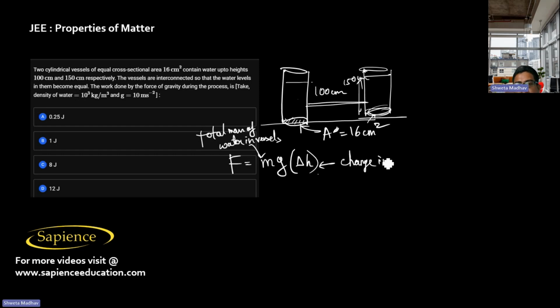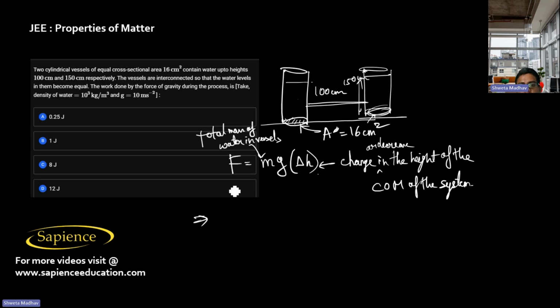Delta H is the change in the height, or I can say the decrease in the height of the center of mass of the system.